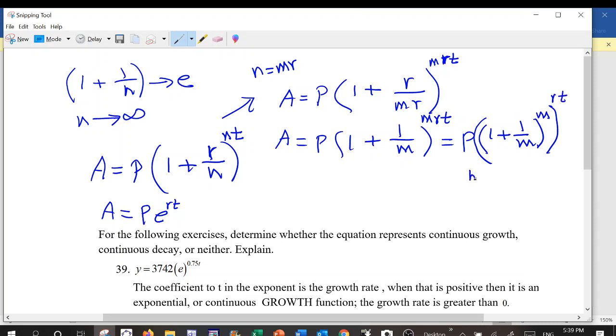Now when M goes to infinity, also N goes to infinity, because remember they're related here, right? So if M goes to infinity, N goes to infinity, and this whole thing inside the parentheses will go to E. So the formula becomes A equals P times E to the RT.